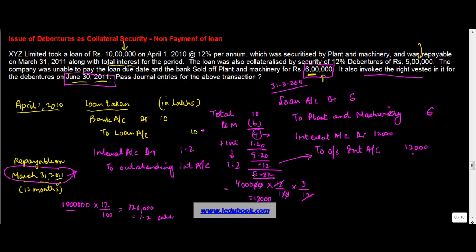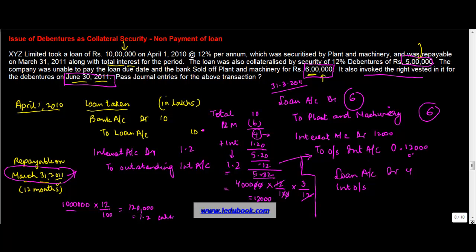5.32, right? Now in settlement of this 5.32, what the bank got was only debentures worth rupees 500,000. So the balance of 4 lakh in the loan account, which we didn't debit earlier, will now get debited by 4 lakh. The interest outstanding gets debited by 12,000 plus 1.2 lakh.